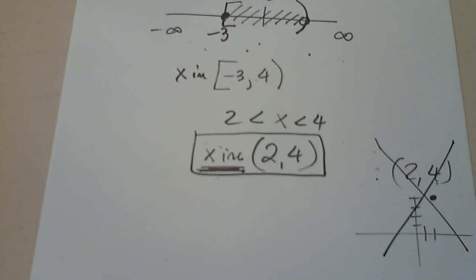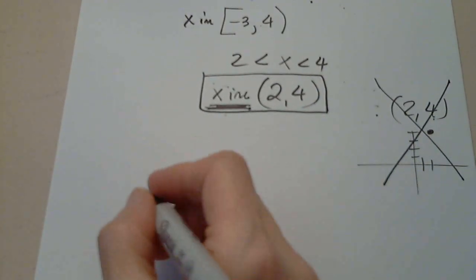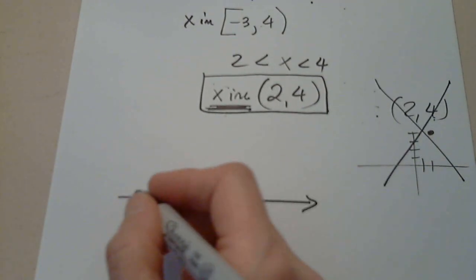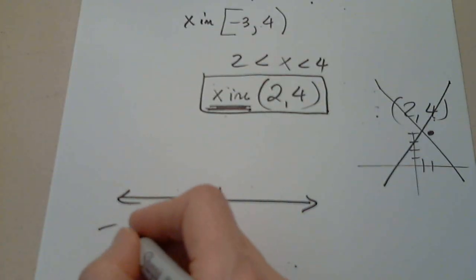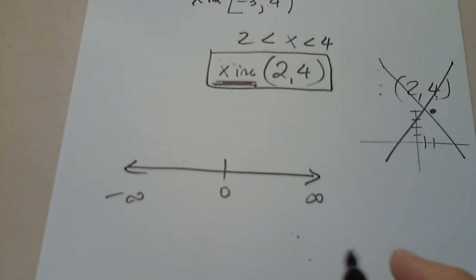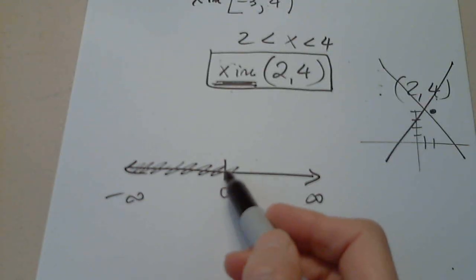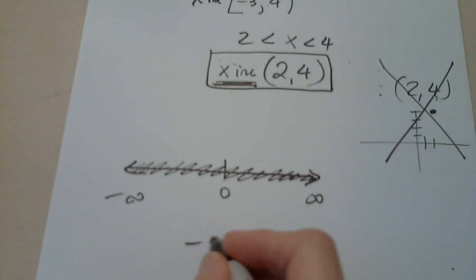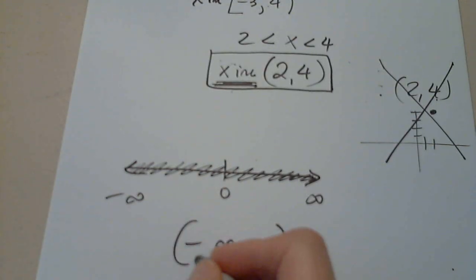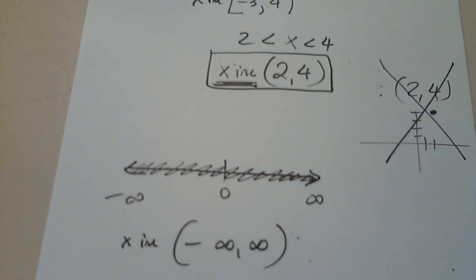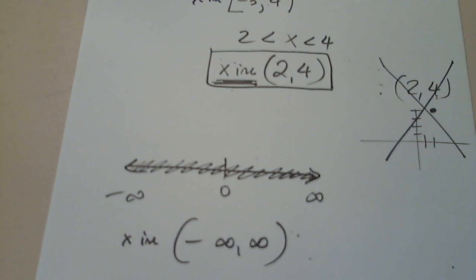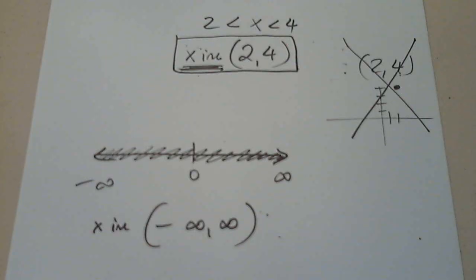Okay, I see. Use interval notation to express the inequality shown in the graph. So let's talk about this. To show the whole thing, the entire real line, we have to write this. This is how we show the entire real line.